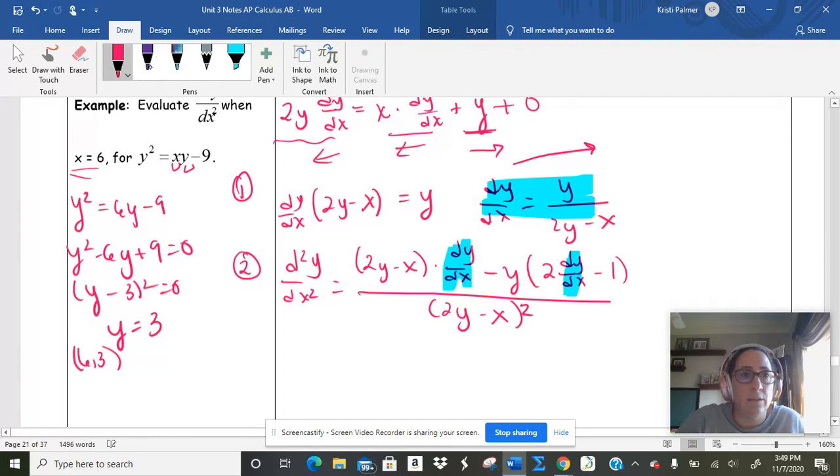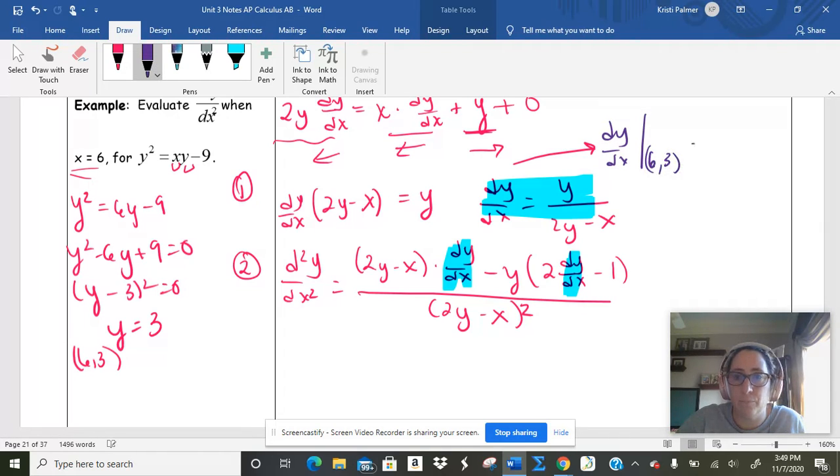So if I want, here, let's use a different color. I want to find dy dx evaluated at that 6, 3. So that would be 3 over 2 times 3 is 6, minus 6.